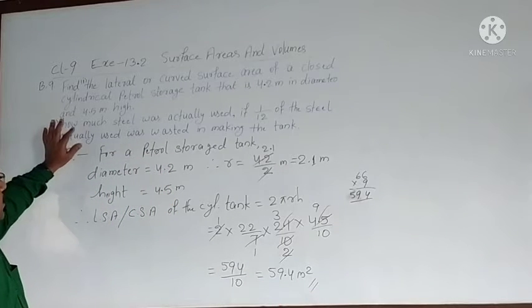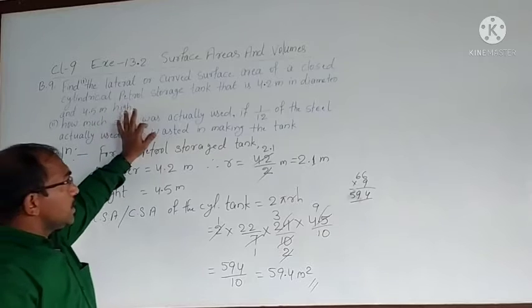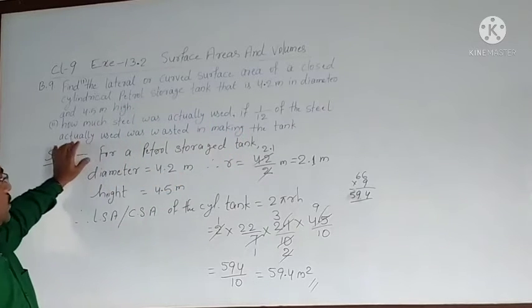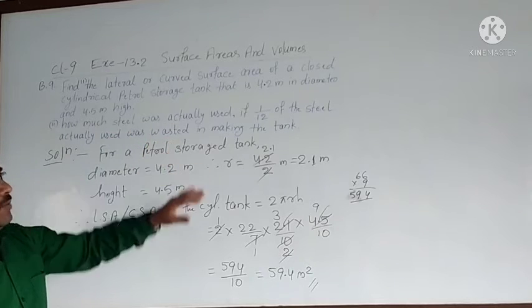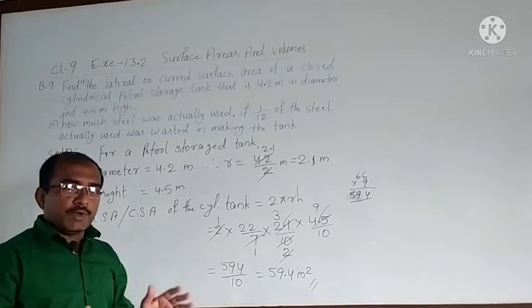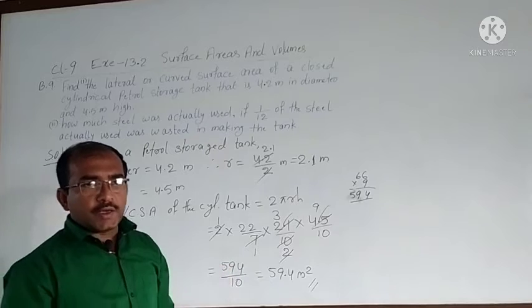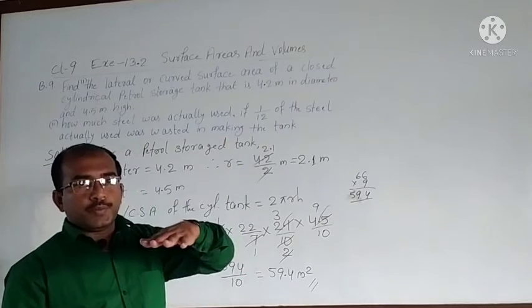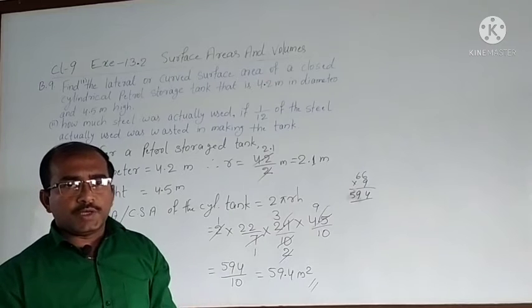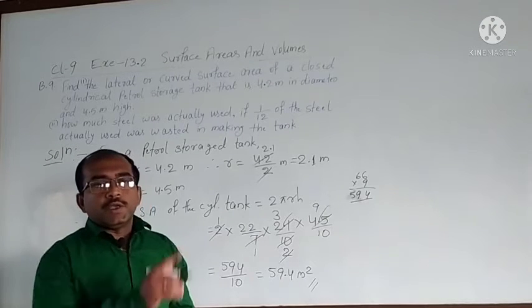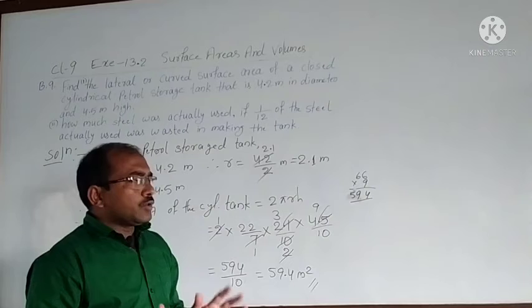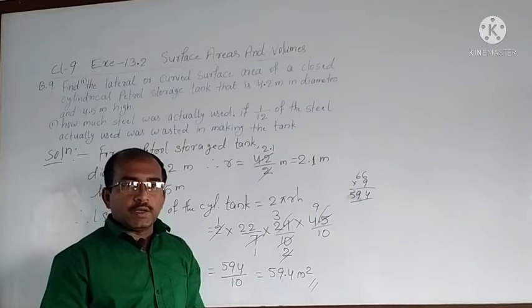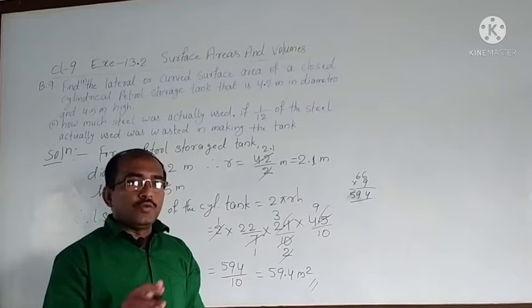The second one is telling how much steel was actually used if 1/12 of the steel was wasted in making the tank. Now let's think once: when we make a storage tank, surely the curved surface area will be there, and bottom and top both, that means the total surface area of the tank. Steel is used in making the tank, but do we use all of what we bring?